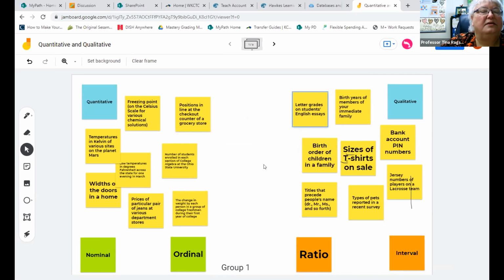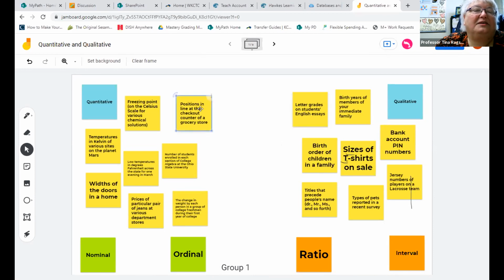First, second, third, fourth is ordinal. Now I'm confused. All right. So anyway, you can sort them left and right. And then you can sort them by nominal and ordinal. So first, second, third, fourth would be ordinal, right?